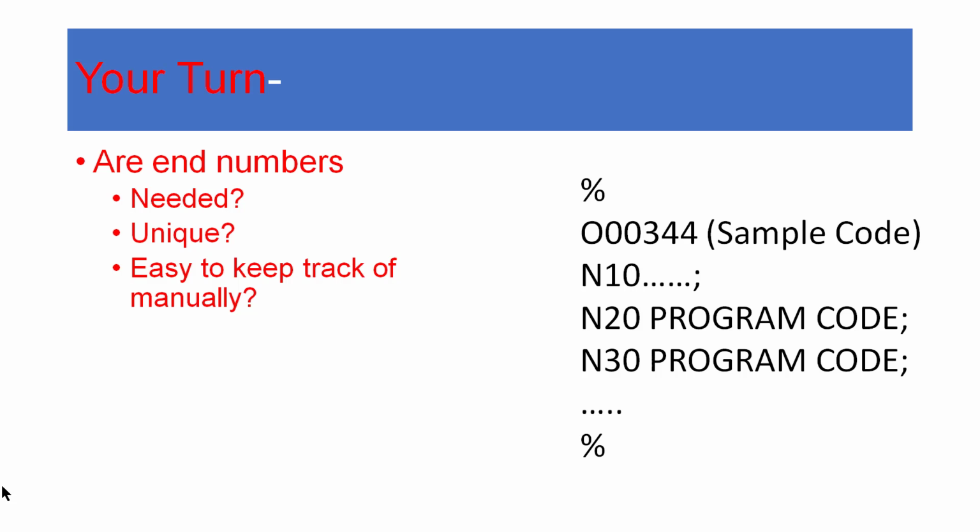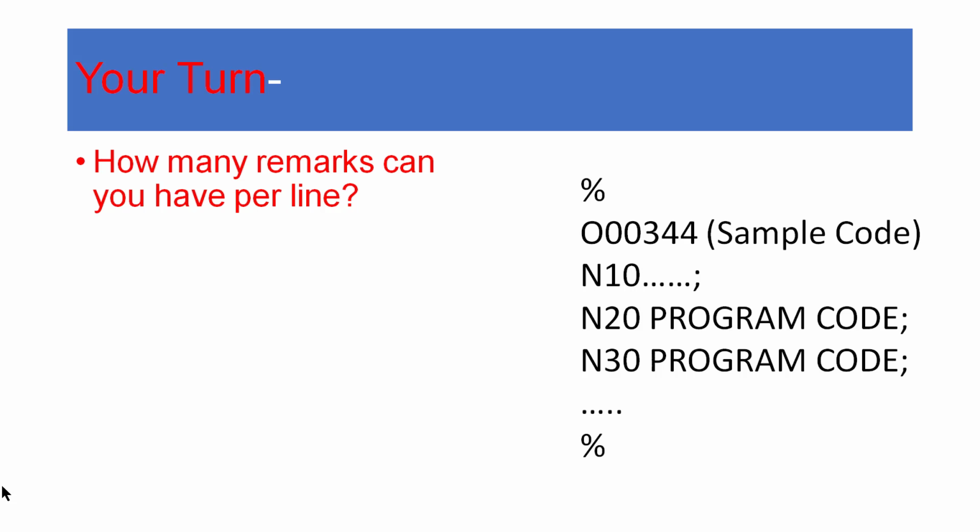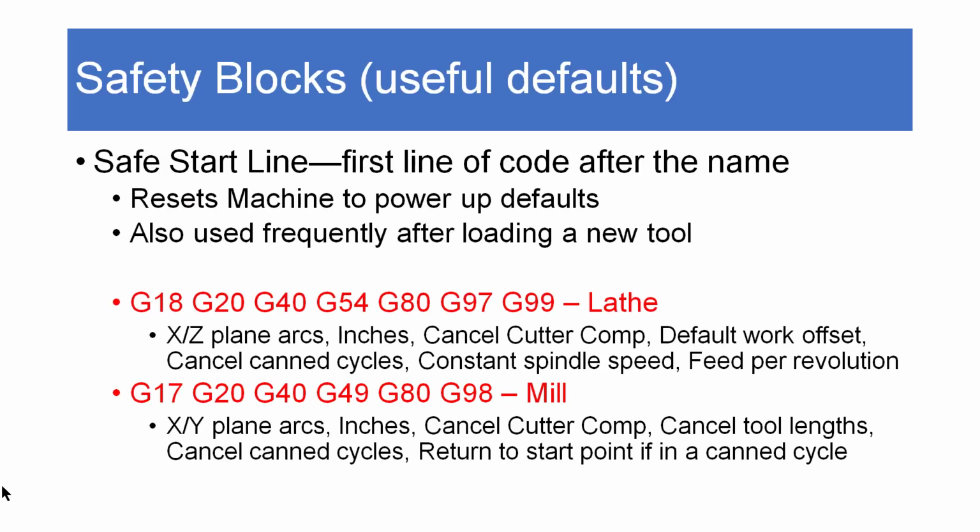And then the N numbers, shouldn't be end: are the N numbers required, unique, or easily kept track of manually? The answer to those is all no. So that's your N numbers, not end. How many remarks can you have on a line? Yeah, it's one. So awesome, let's move on.